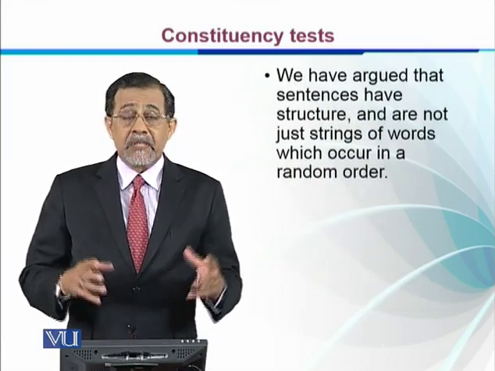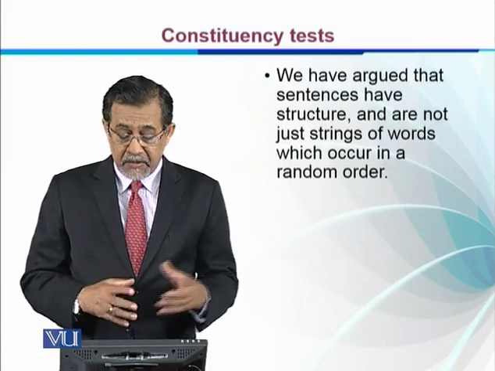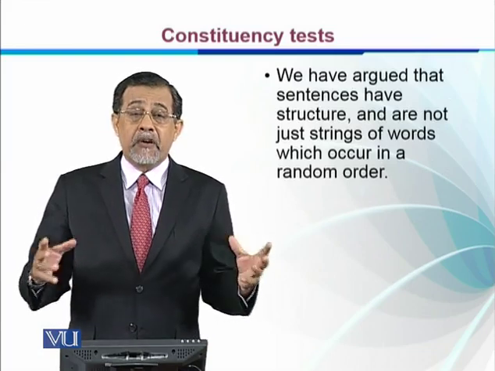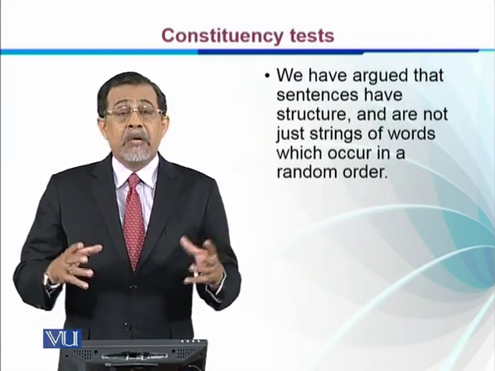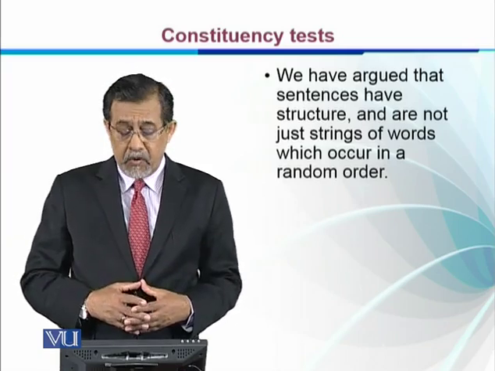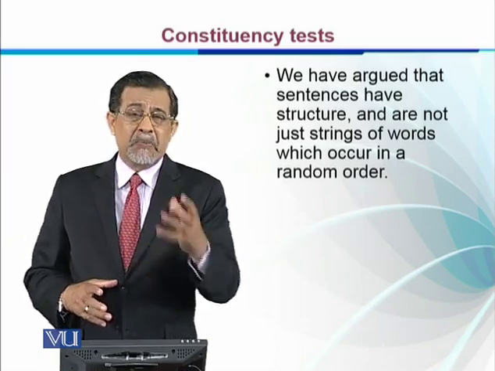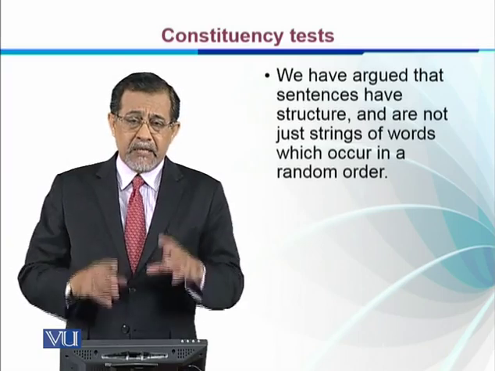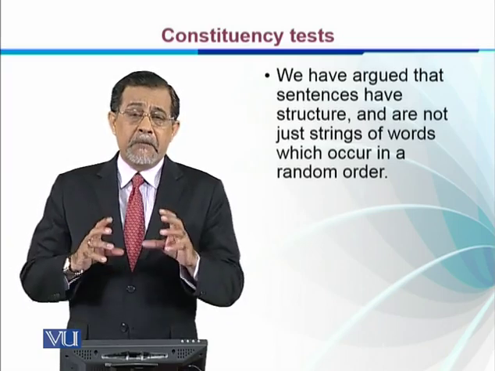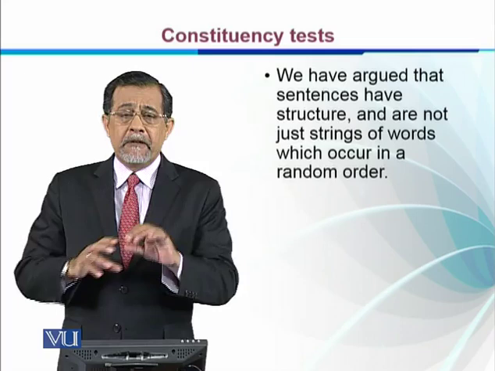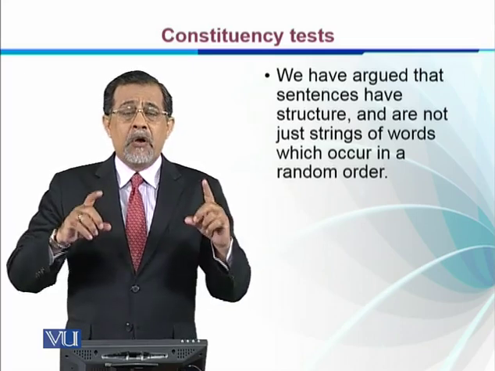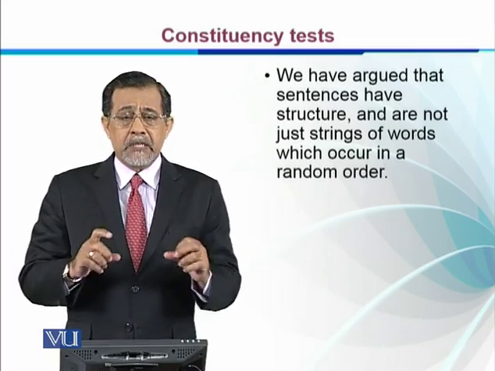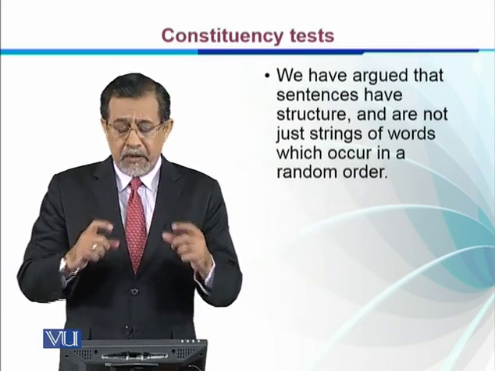So we have argued that sentences have structure and are not simply a string of words which occur in a random order. We have talked a lot about the structure of the sentence and very firmly established that the different components, or constituents, of the sentence are arranged in a certain order, right?